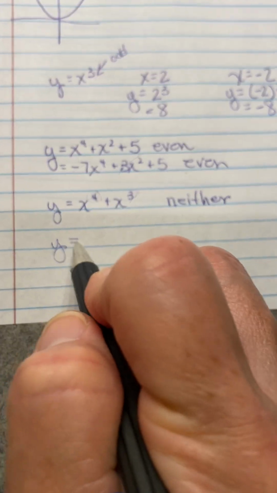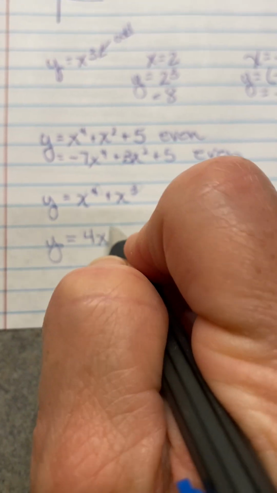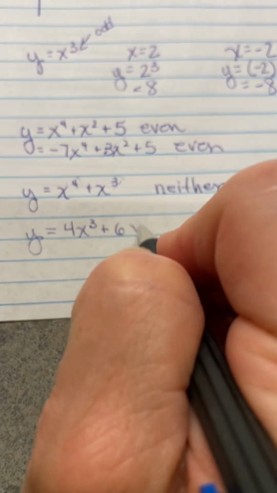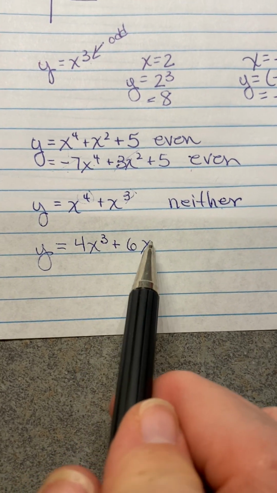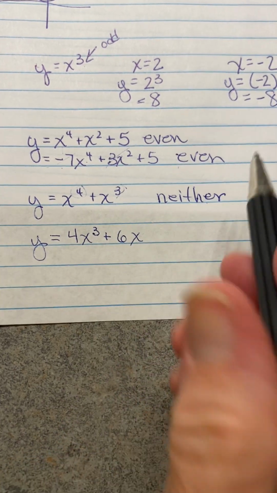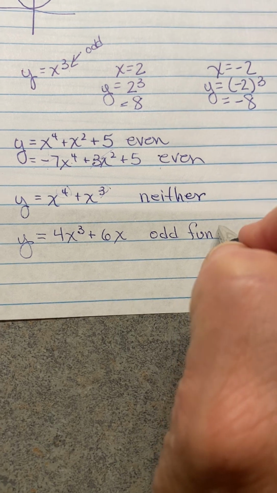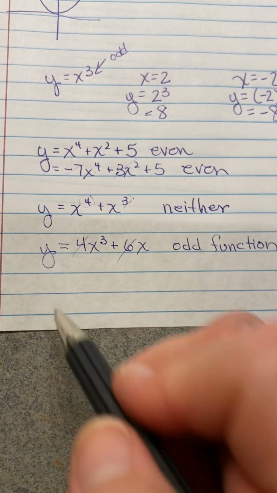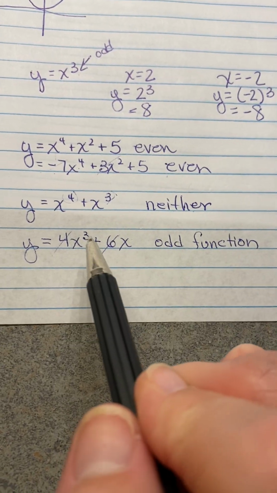Every exponent must be odd. So we could have 4x cubed plus 6x. Degree 3, degree 1, both are odd exponents. This would be an odd function. Again, it does not matter what the coefficients are, even though they're even numbers. What matters is the degree of each term.